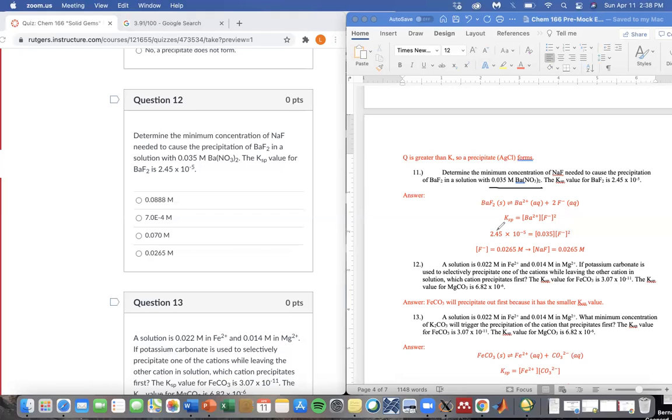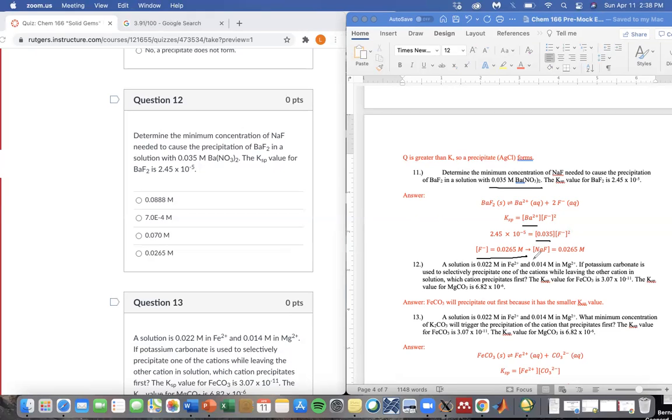To solve for our F minus concentration, we divide first by the Ba2+ concentration, which is this 0.035 molar, and then you take the square root. You would get an F minus concentration that you need of 0.0265.